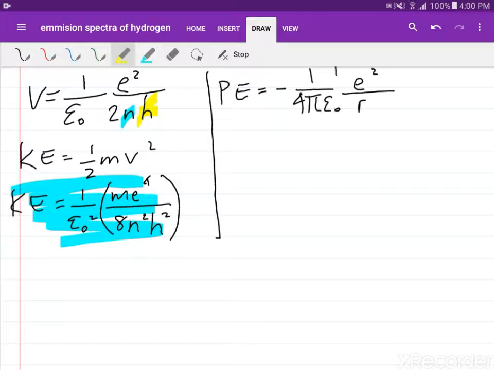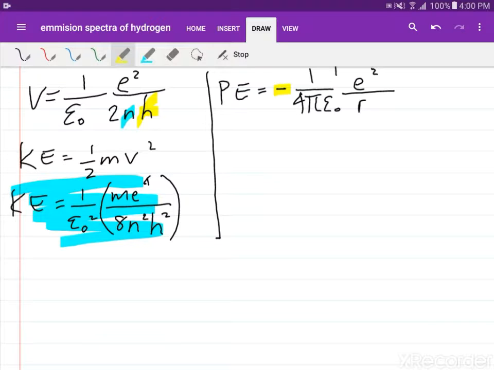So now we note that this negative sign is chosen because we have taken the electric potential energy to be 0 when the electron is infinitely far from the atom. So this doesn't affect much our calculations because we are interested in changes in energy. So we are more interested in the changes in energies.